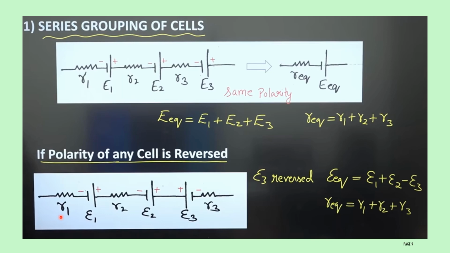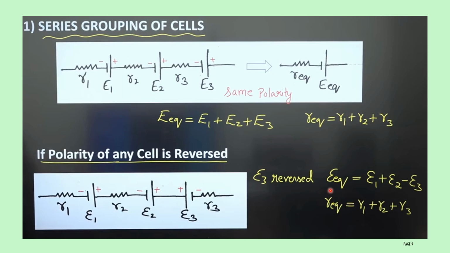The first and second cells have the same polarity, negative, positive, negative, positive, but the polarity of the third cell is reversed, positive, negative. So E3 is reversed compared to the remaining two cells.